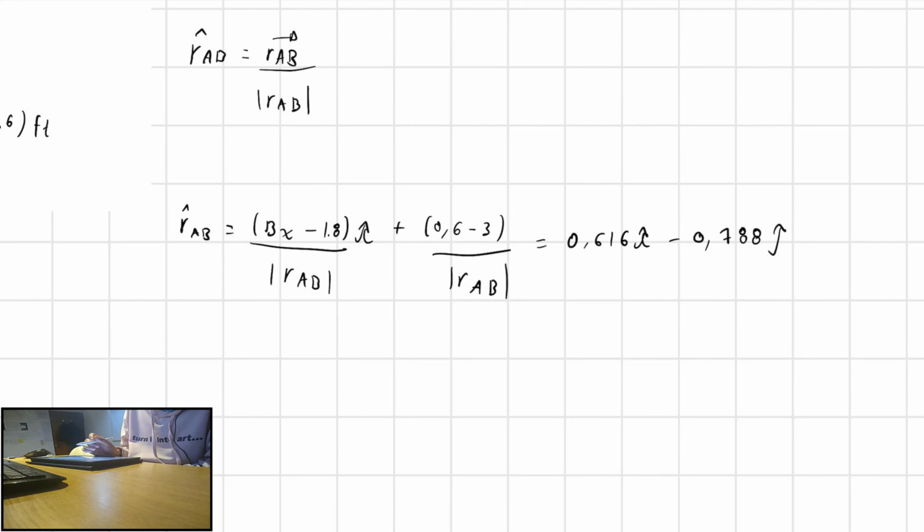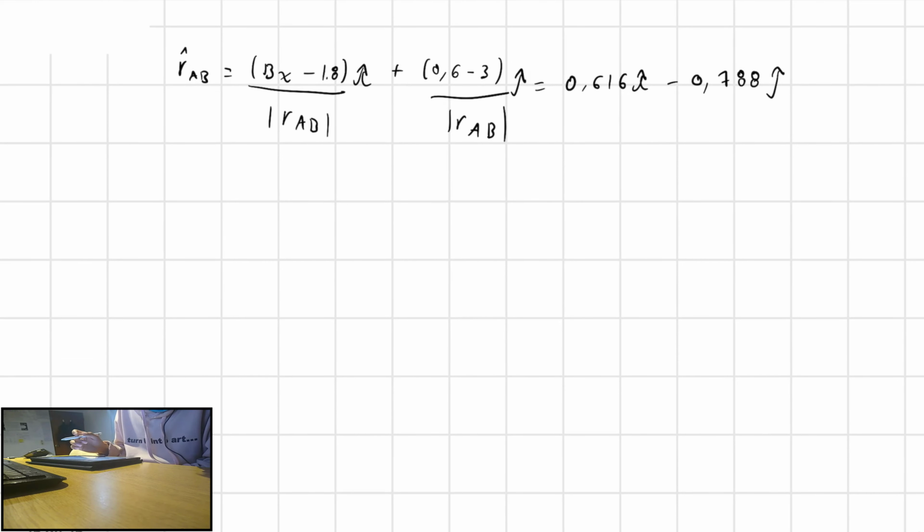I can divide this huge equation by taking into account just the I axis and the J axis. So I can say that minus 0.788 is going to be equal to 0.6 minus 3 divided by the magnitude of RAB, right?